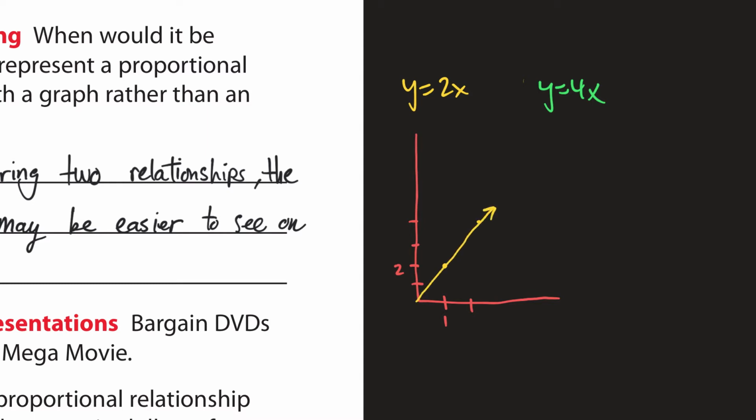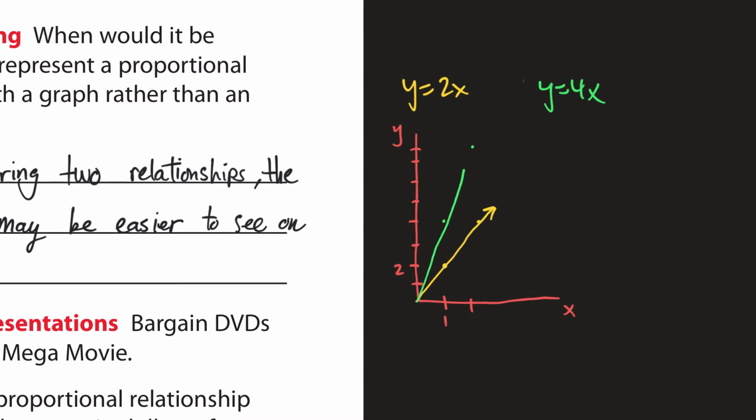Now, if I have y equals 4x, that means the y value, remember, this is the y, this is the x, in this case is 4 times the size of any x value. So if you have 1, then you would have 4. If you have 2, then you would go up to 1, 2, 3, 4, 5, 6, 7, 8. And you'd have 2 and 8 like this.